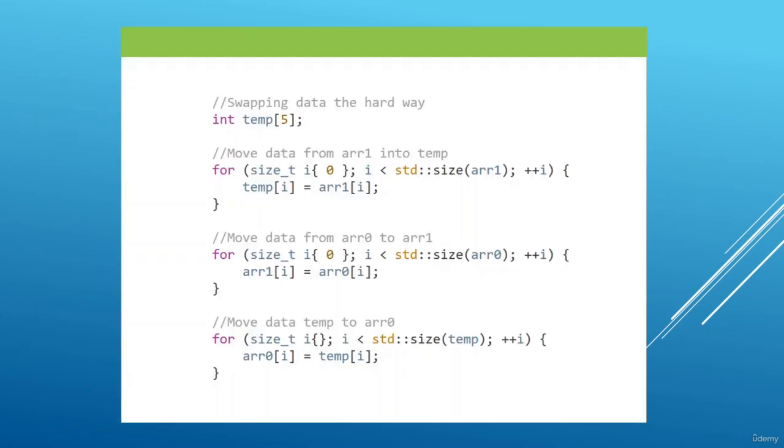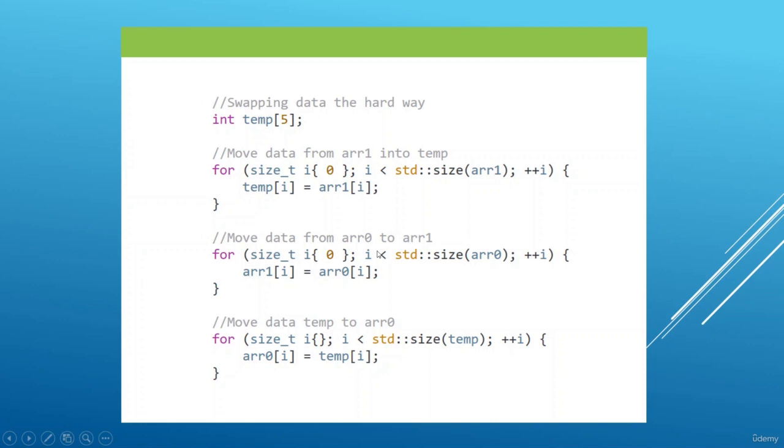And this is how you can do it in code. It's really simple. We're going to set up our temporary array. It's going to be the same size as the other arrays. We're going to move the data from R1 into temp. What we're going to do is loop around, moving each element at each index from R1 to temp. And after this is done, the data we had in R1 is going to show up in temp.